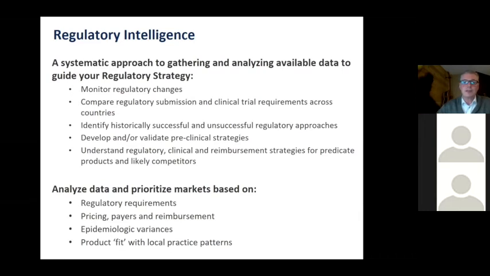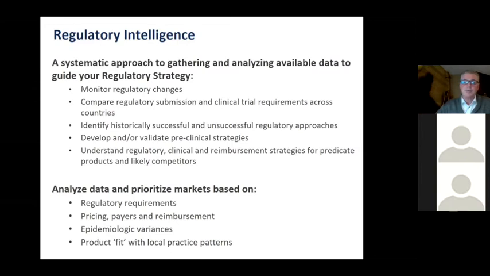So you're going to be monitoring regulatory changes in the various markets and comparing regulatory submissions and clinical trial requirements across countries. You want to identify regulatory approaches that others have taken in the past, both successful ones and unsuccessful ones. You need to design, develop, and then validate any preclinical strategies.